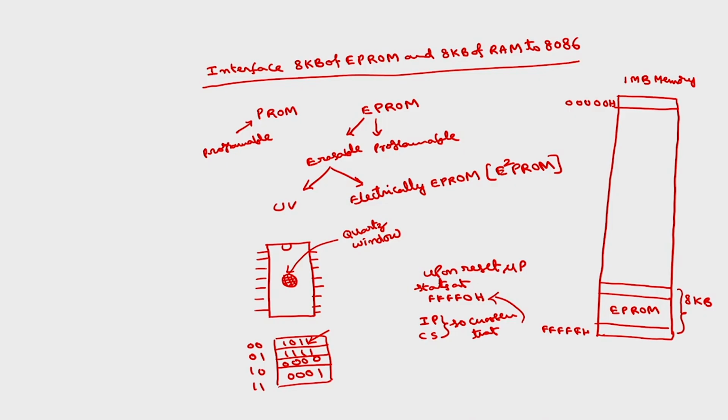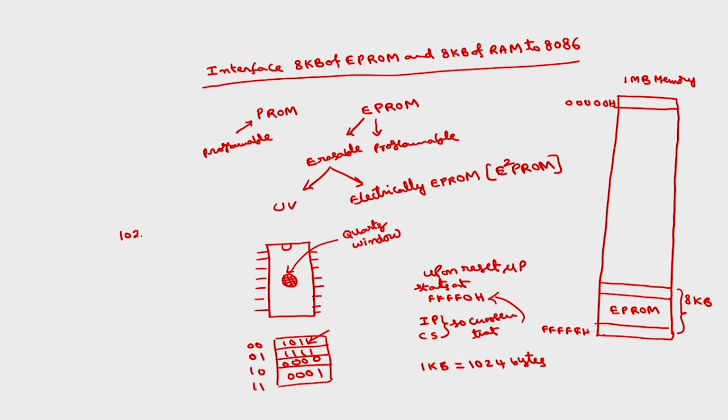What will be the starting address if it is 8 kilobytes? Earlier I have discussed how, knowing the starting address, to obtain the ending address, or knowing the ending address, to obtain the starting address. I will review the same thing again. 1 kilobyte is nothing but 1024 bytes, and 1024 is a decimal value. What is the hexadecimal equivalent of 1024?